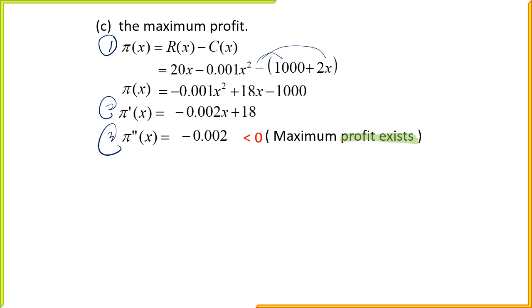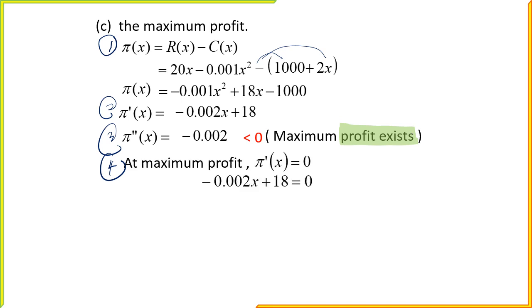Now we can find the units we need in order to get the maximum profit. The fourth step is pi prime x equal to 0. So negative 0.002x plus 18 equal to 0. We get x is equal to 9,000.